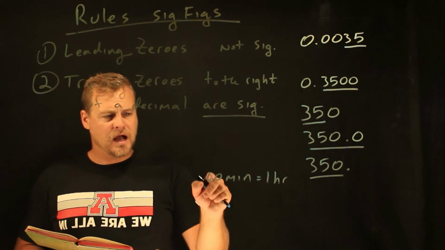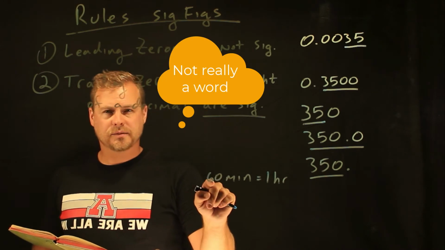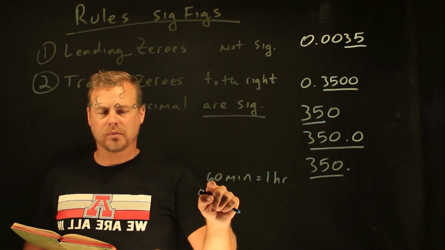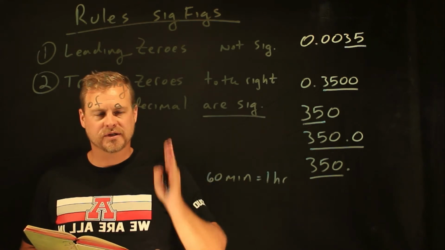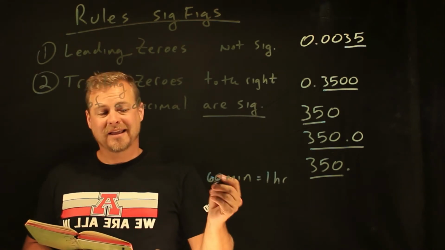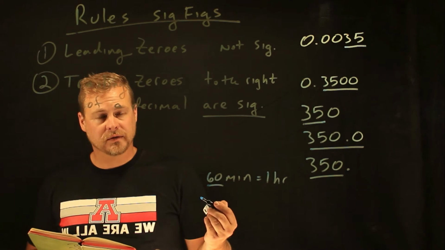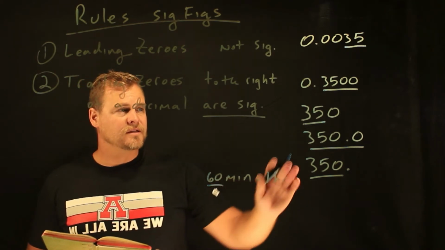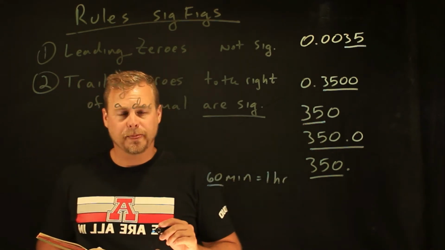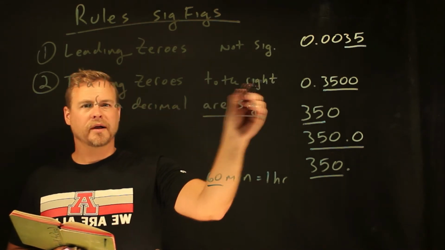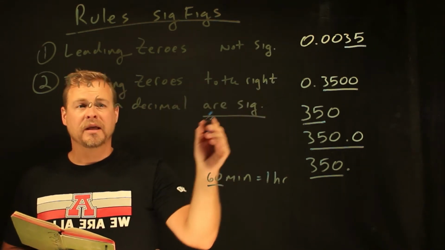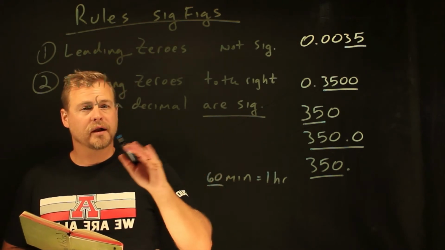Okay? That's a quantized number. I know that there are exactly 60 minutes because I counted each minute. That has 2 significant figures. So unfortunately, it's a little bit ambiguous, but unless you are counting something, trailing zeros to the right of a decimal are significant. If there's no decimal, they are not significant.